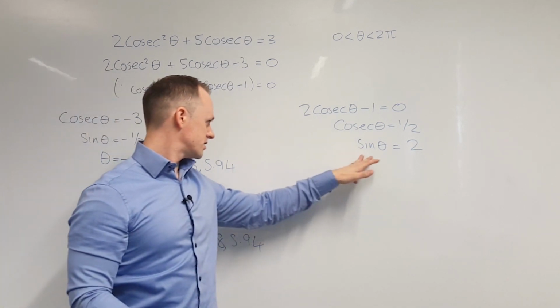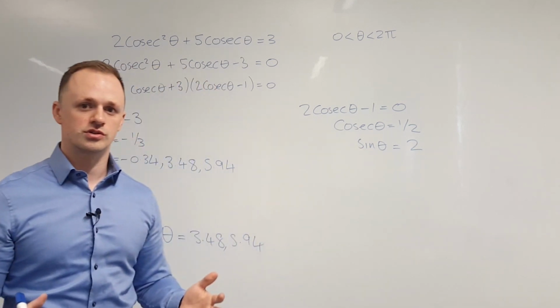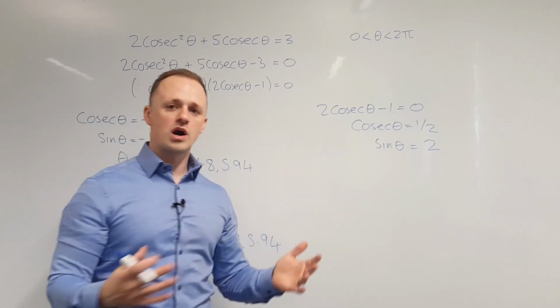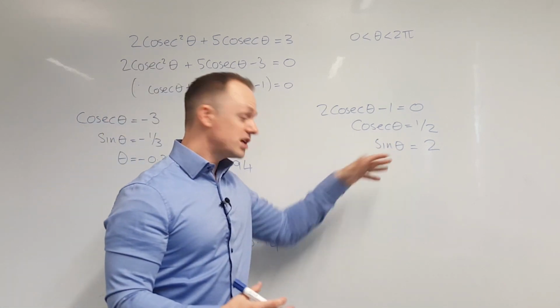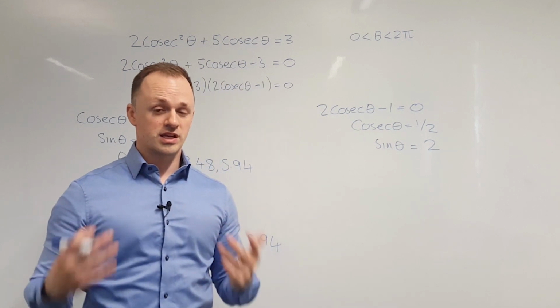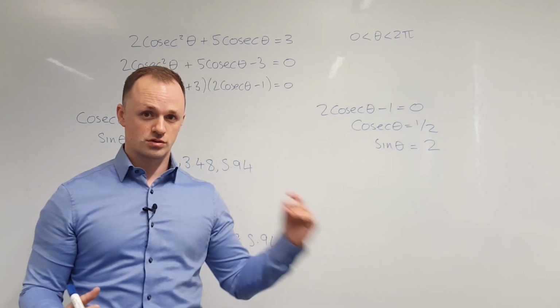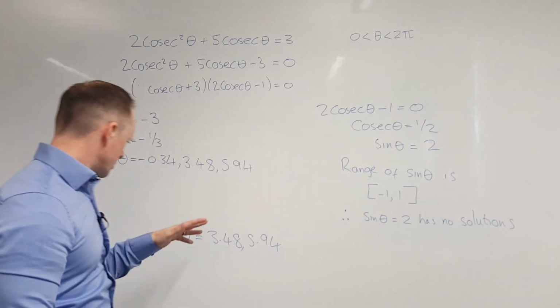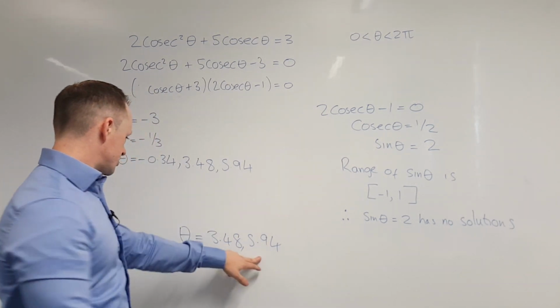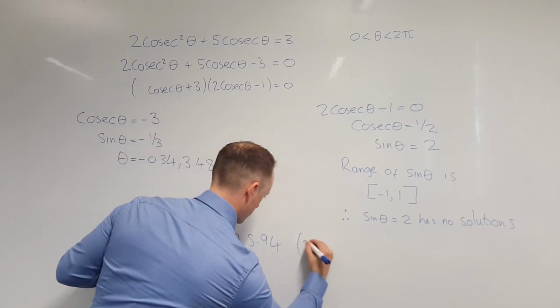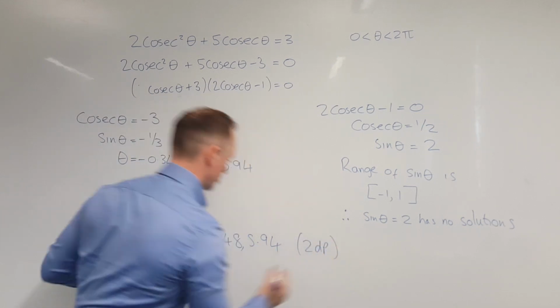Now, sine theta equals 2 has no solutions, but really we should justify why that has no solutions. So we're going to say that because 2 is outside the range of sine theta, then the equation has no solutions. And so finally, we don't have anything else to add to our solution here. So these two are our only solutions, and these are both given to 2 decimal places.